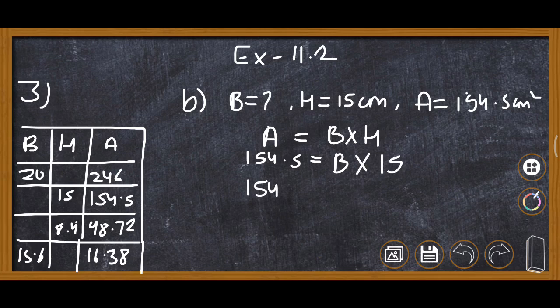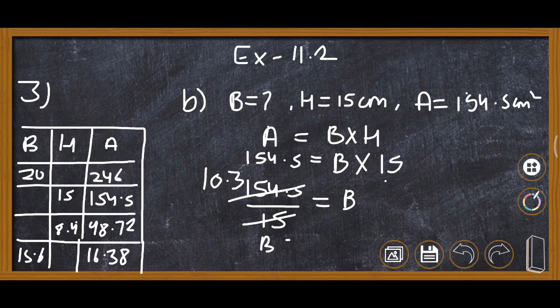Then this 15 will go and divide, because it is in multiply, so it will be in divide, is equal to B. Now we will reduce it by 15 directly. Then this is 0.3, then this is 10.3. So base is equal to 10.3 centimeter. So we will fill here 10.3 centimeter.